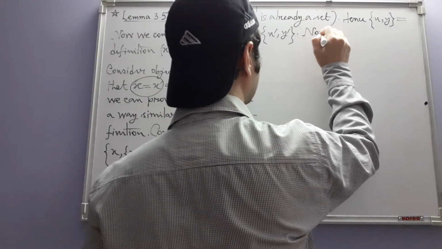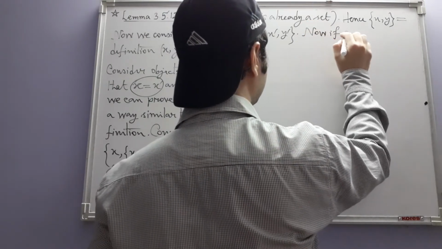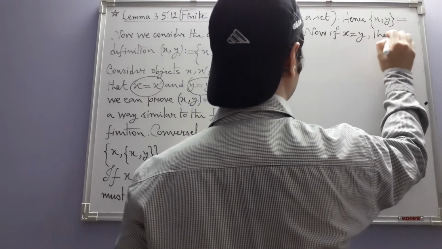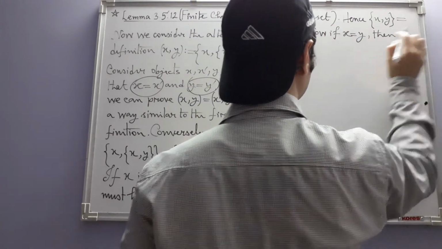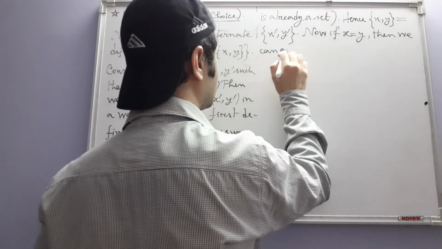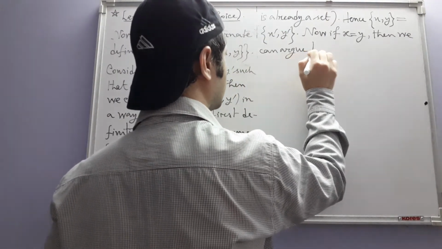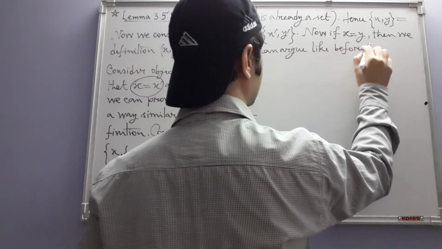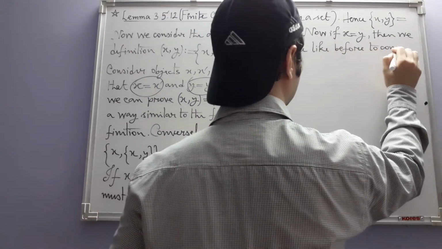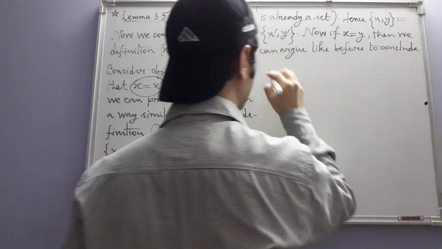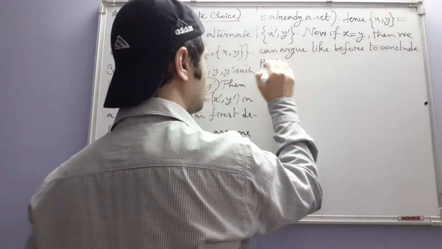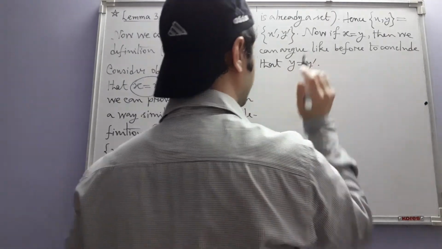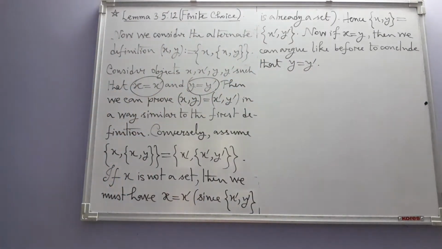Now, if x is equal to y, then we can argue like before to conclude that y is equal to y prime. What are we saying here?